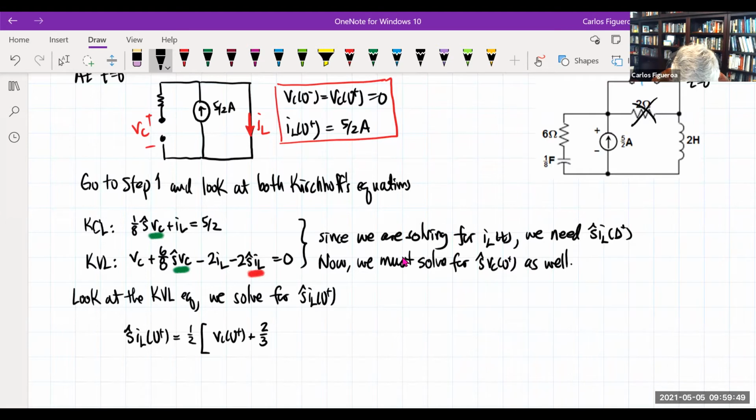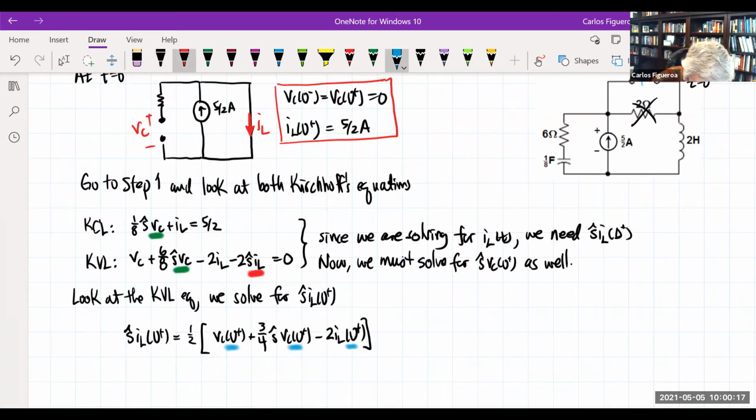Yeah. 2/4, sorry, 3/4 of S hat VC of 0 plus minus 2 IL of 0 plus. And you could see how right now I need 3 of them. The minimum that I need is 3 of them. We've already solved for 2 of them. So now I got to go get that.